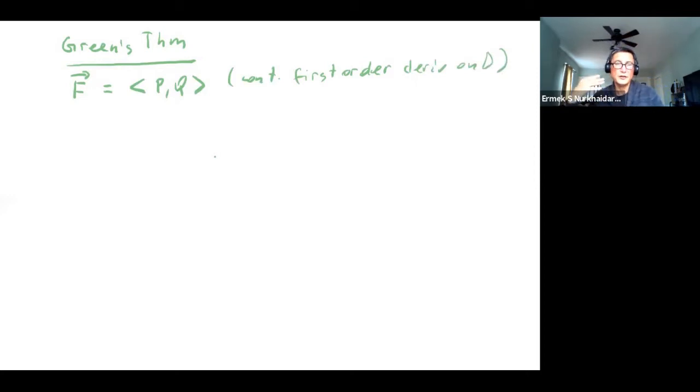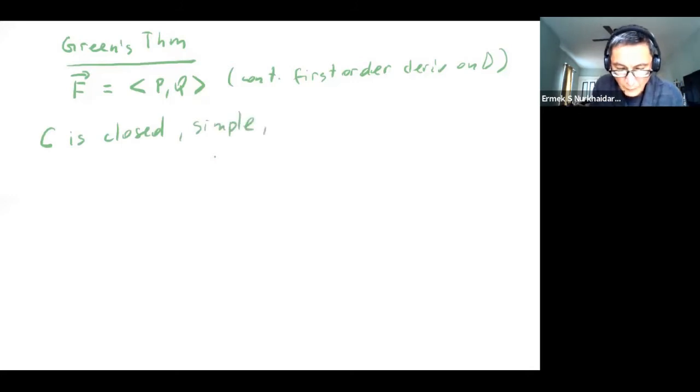So we have a region D, and function F is continuous and has continuous first-order derivatives. And we have C, which is a curve that is closed, simple, counterclockwise, positive direction.